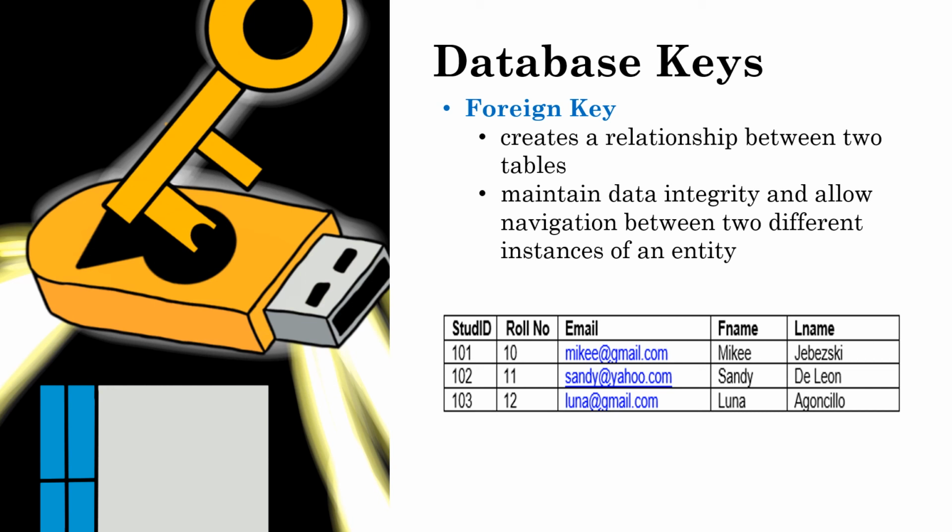A foreign key cannot automatically create an index, clustered or non-clustered. However, you can manually create an index on the foreign key. It is a field in the table that is the primary key of another table. Meaning a foreign key may accept multiple null values. You can have multiple foreign keys in a table.